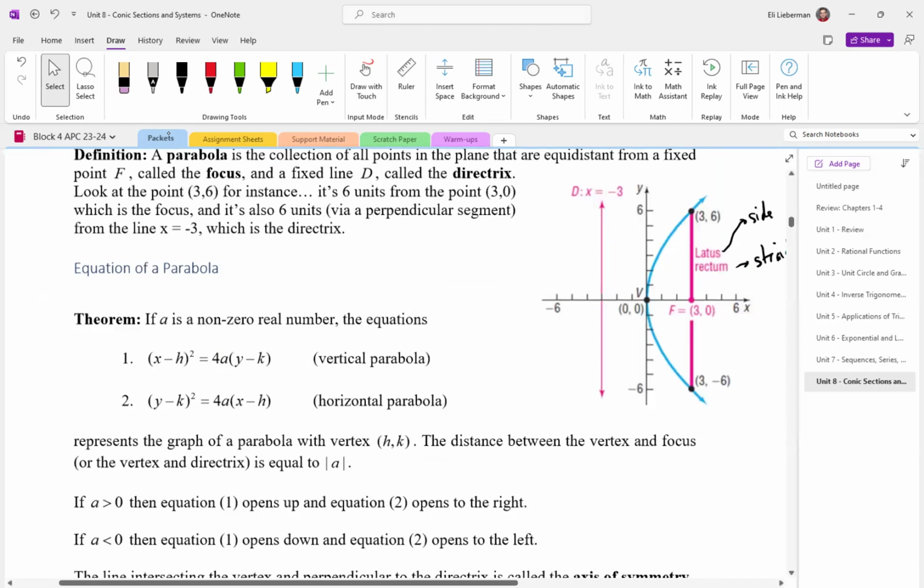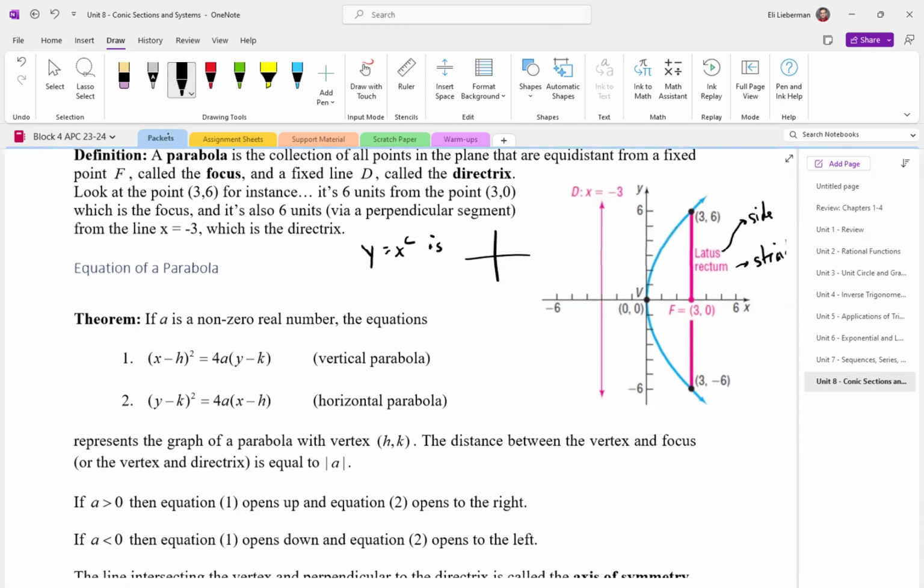I want you to keep in your brain a home base: we know that y equals x squared is this parabola. You need to keep that. When you have that x squared, we know it's going to be a vertical parabola. As it says here, there are not only vertical parabolas but horizontal parabolas, in which case it's not x squared but y squared.